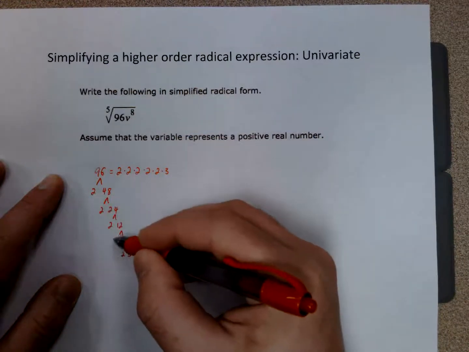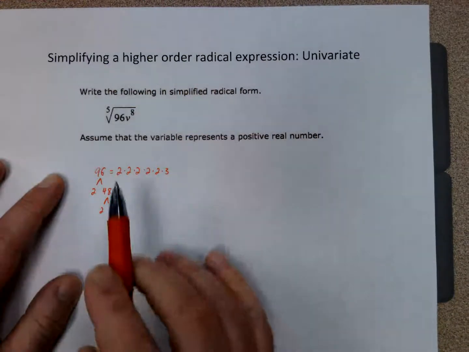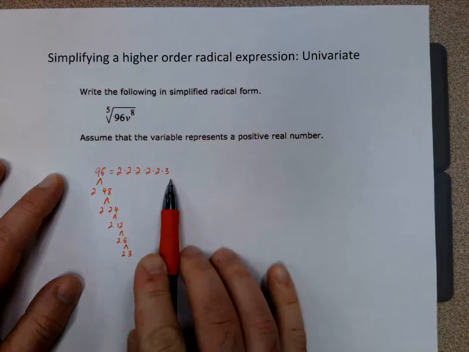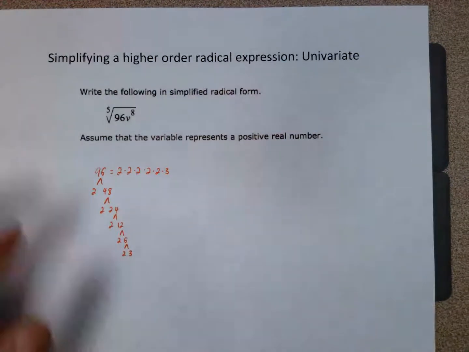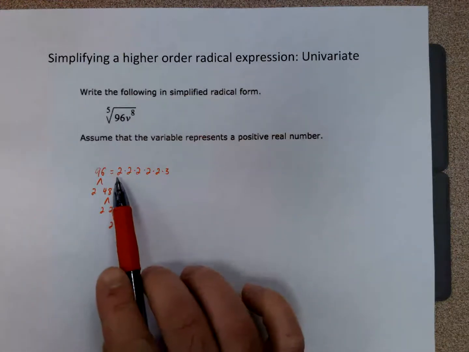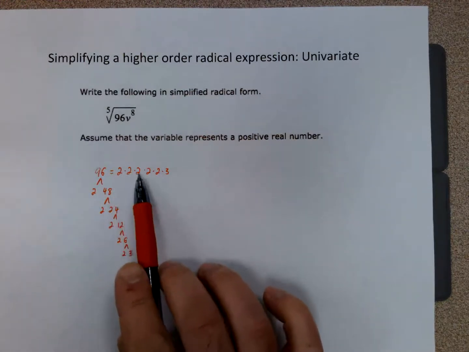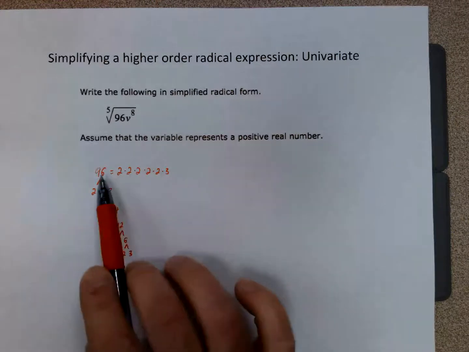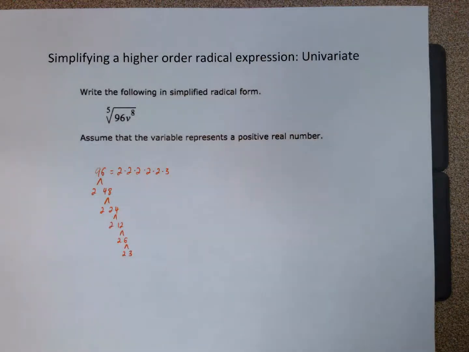So 1, 2, 3, 4, 5, 6 numbers. You can always double check to make sure you did this correctly, or make sure you don't forget any numbers, by just multiplying these together. So 2 times 2 times 2 times 2 times 2 times 3 should end up at 96, right? Which it does.